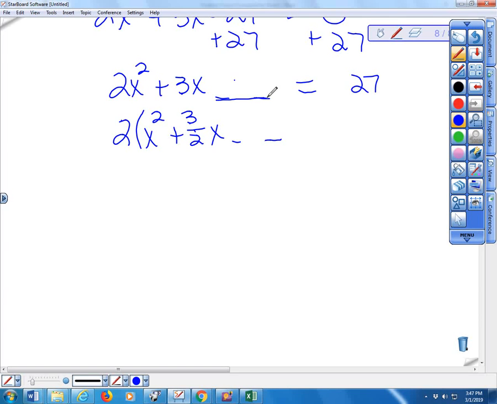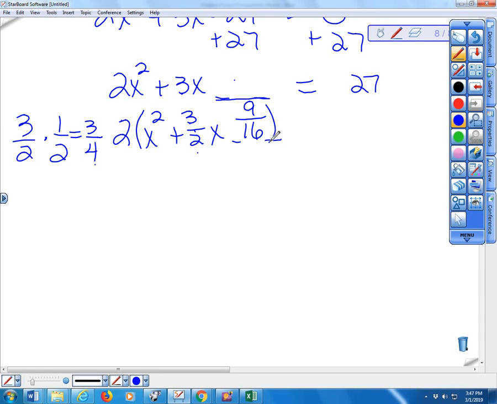And if you don't believe me, 3 halves times 1/2 is 3/4. Anytime I take half or a quarter or a third of a fraction, I'm just going to multiply the denominators. So half is 3/4, and then I'm going to square this: 9/16. Okay? So that's what I'm adding inside the parentheses.